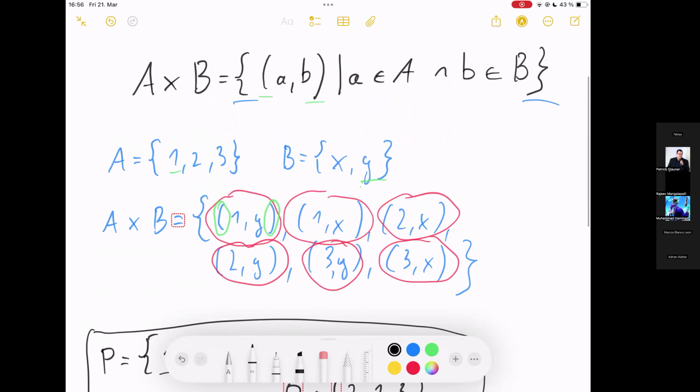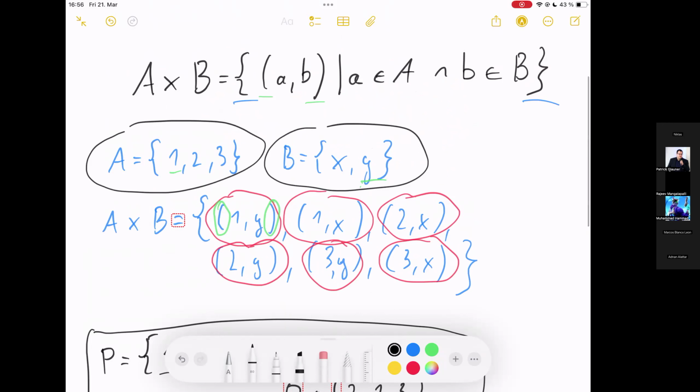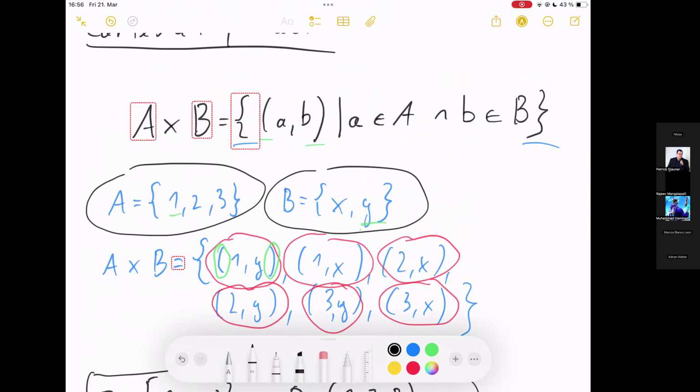And now if we have our sets A and B, so A is clearly a set and B is a set, then if we take our Cartesian product, we said we are creating a new set. That's why, first of all, the result of the Cartesian product is a set. And in there, we will have tuples.